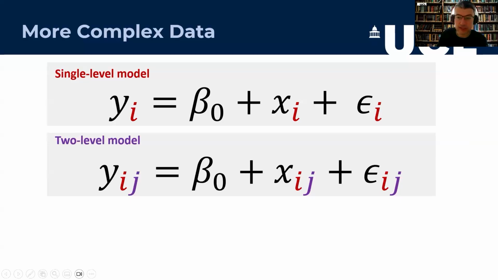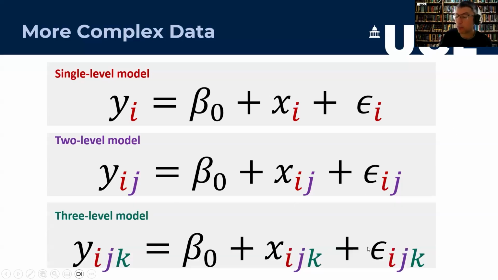So at the moment, I've just introduced the two-level model, and I've just looked at an example where we only have one covariate. But of course, this can be more complex. First of all, we can have multiple covariates in the model. But also, technically, we could have more levels in the models.